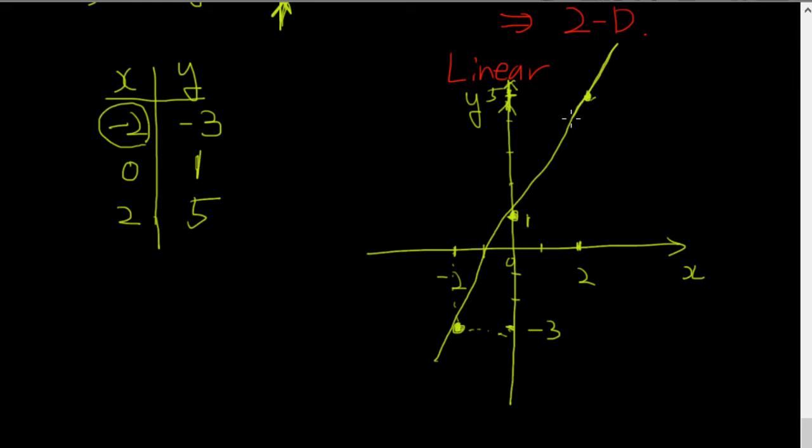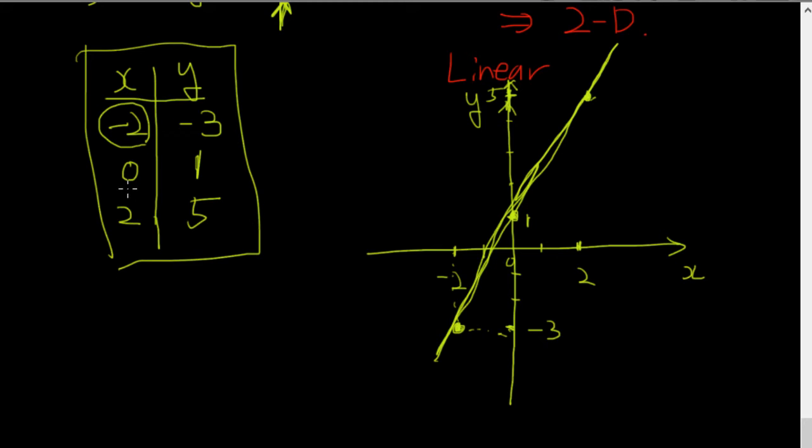Let's pretend that this is a straight line, connect it like that. So we take this table, transfer it into points, and connect them with a straight line.